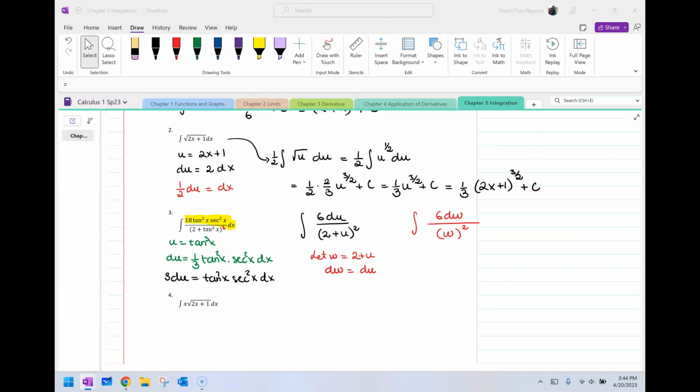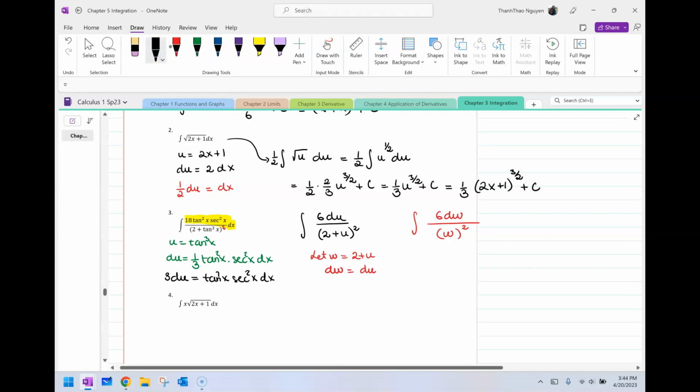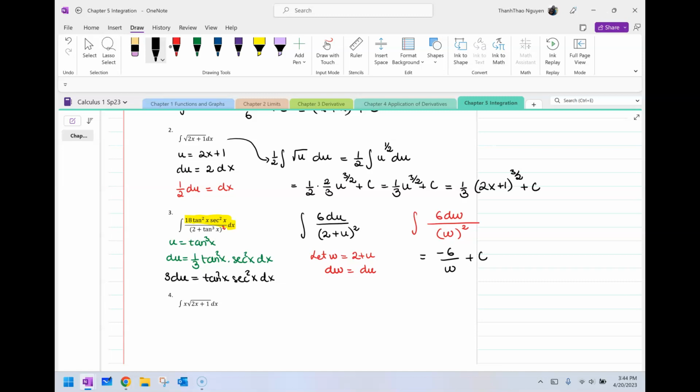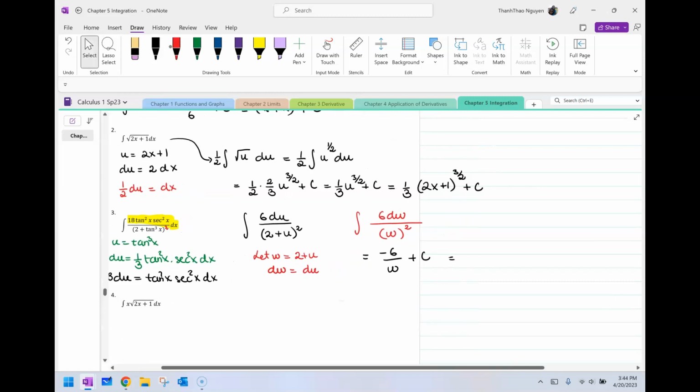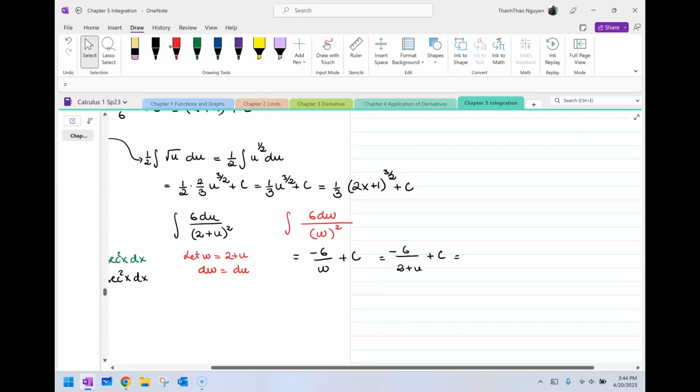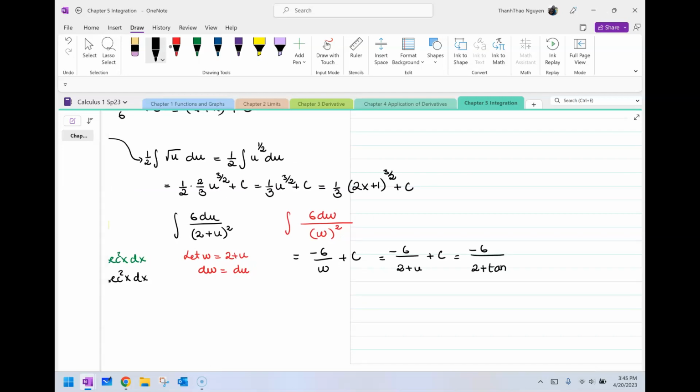Integrating this, I get negative 6 over w plus c. So w equals 2 plus u, so negative 6 over 2 plus u plus c. And u equals tangent cubed, so this is negative 6 over 2 plus tangent cubed of x plus c.